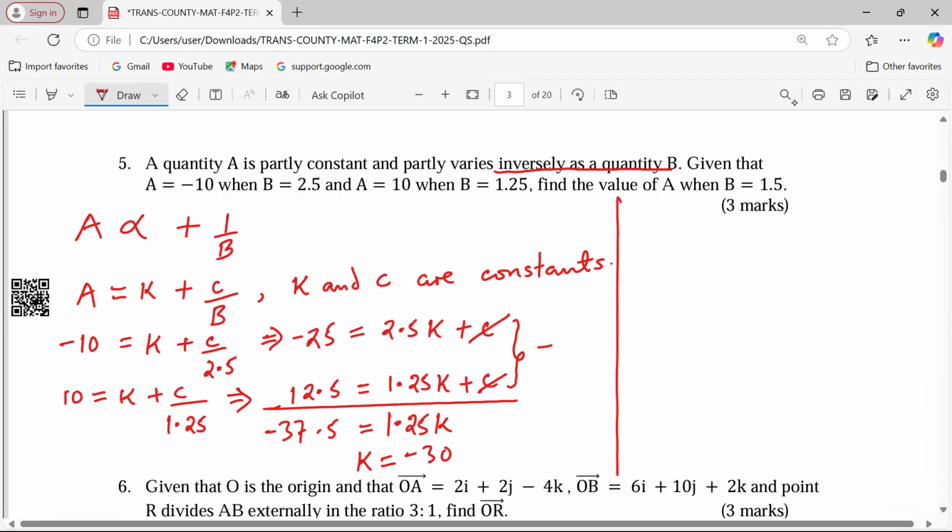And let's say in equation 2. In equation 2, we can say this.